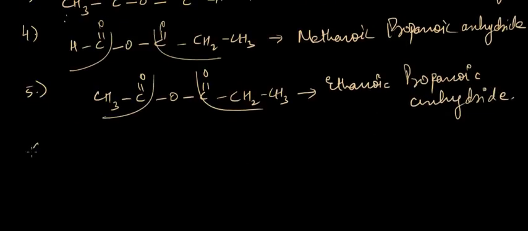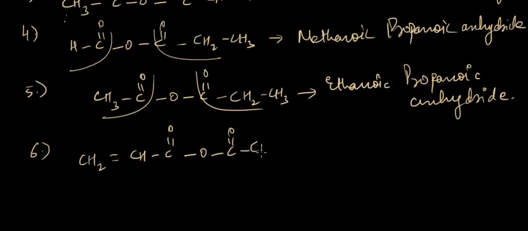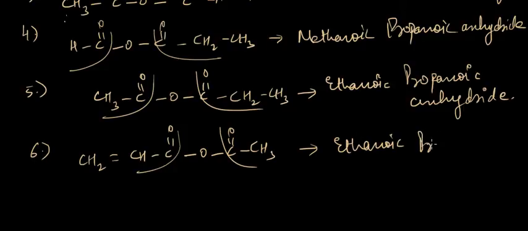Okay, let's look at this example. So this would be called ethanoic prop 2 enoic anhydride.